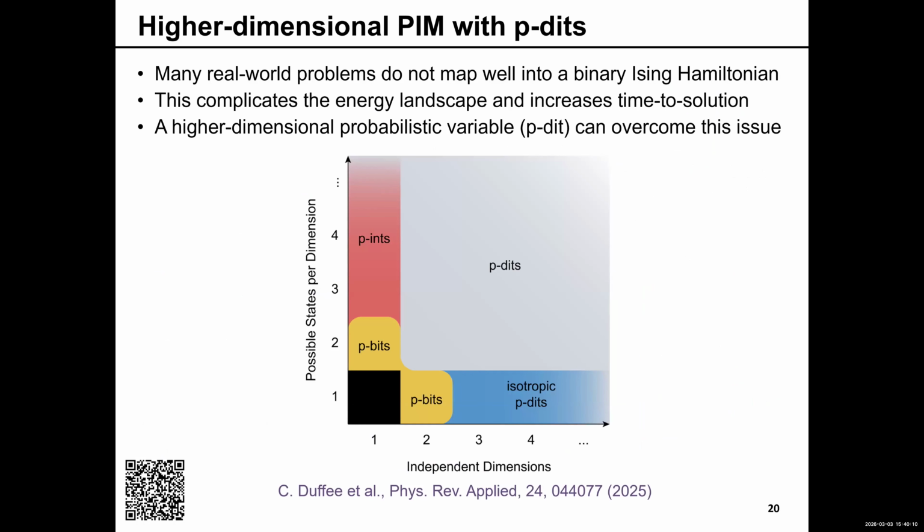Probabilistic bits are essentially two-dimensional stochastic elements. And for many problems, they work very well. But there are many real-world problems of practical interest where probabilistic Ising machines may have a value proposition, where these problems just do not naturally map well into a binary formulation.